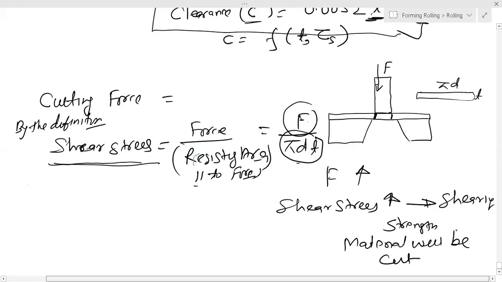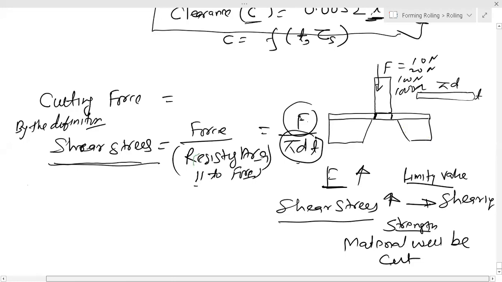Anyway, when force increases, if you go on increasing the force, first you apply 10 Newton, 20 Newton, 100 Newton, 1000 Newton, shear stress will be more now, and it will reach the limiting value. That is your ultimate shearing strength, where the material will be cut, it will shear.